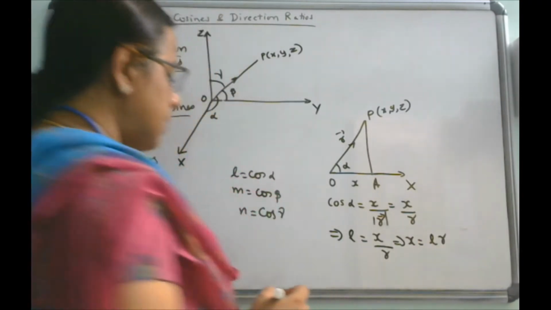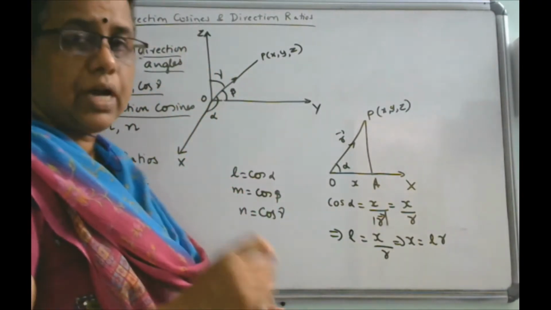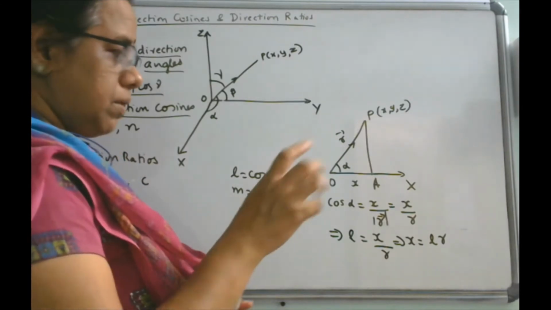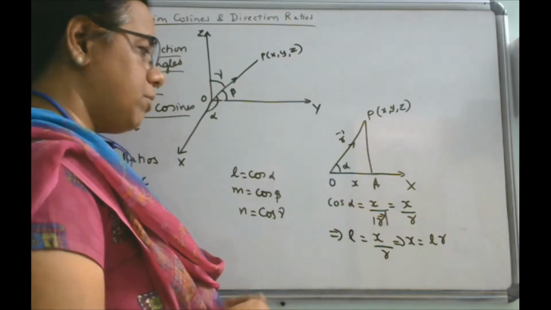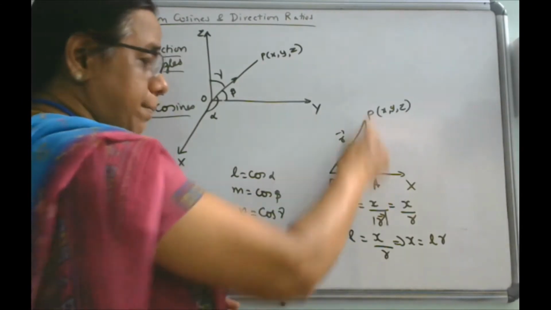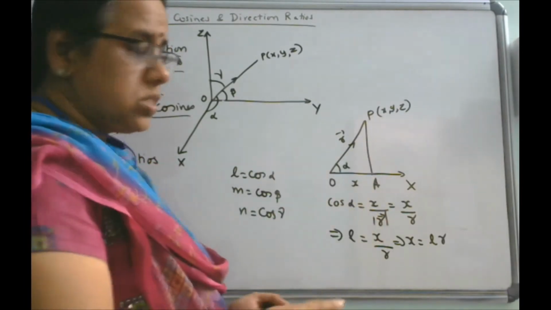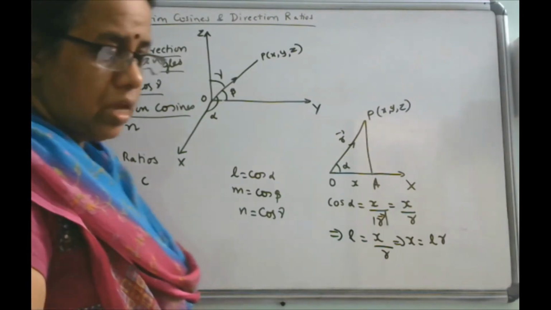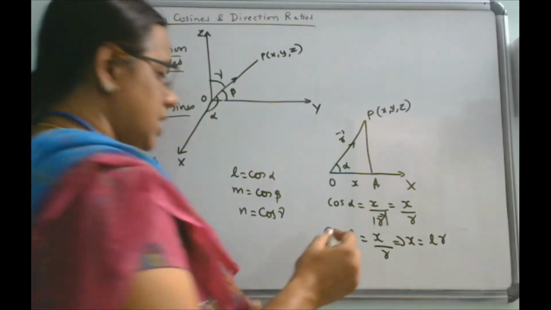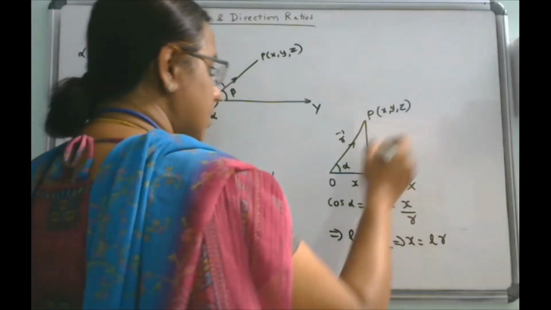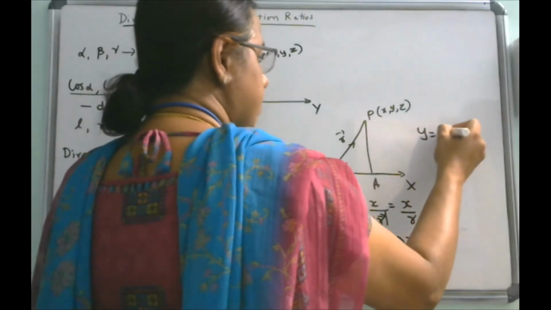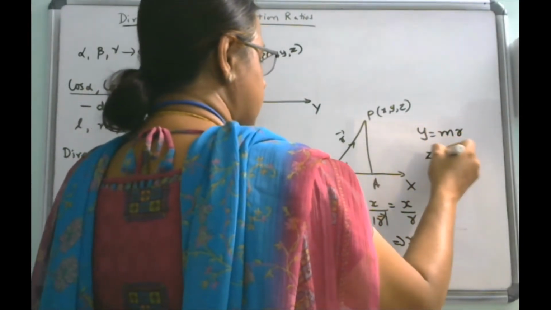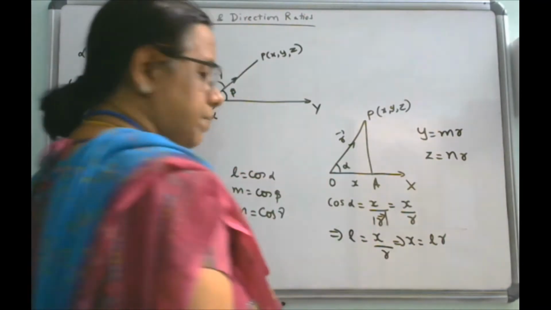Similarly, if we consider the other triangles, OAP, OBP as well as OCP, with respect to the y-axis and the z-axis, we get the conclusion that y is equal to Mr and z is equal to Nr.